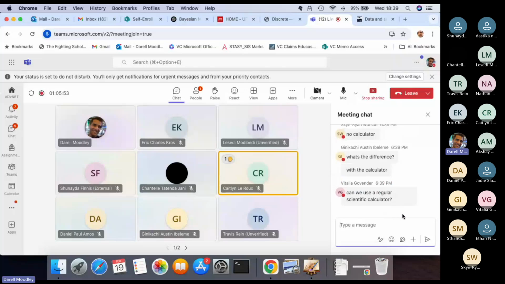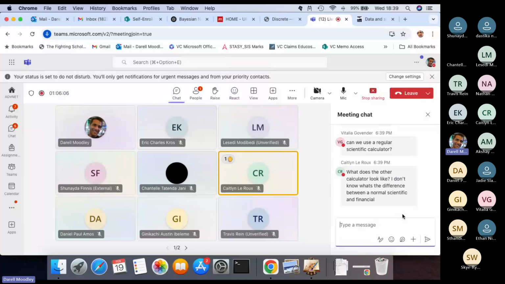If you have your calculator and it has a stats button on it, that means it can be both a scientific calculator and a statistics calculator, but it must have a stats button. If it doesn't have a stats button, then it is not a stats calculator, because you need the stats mode.